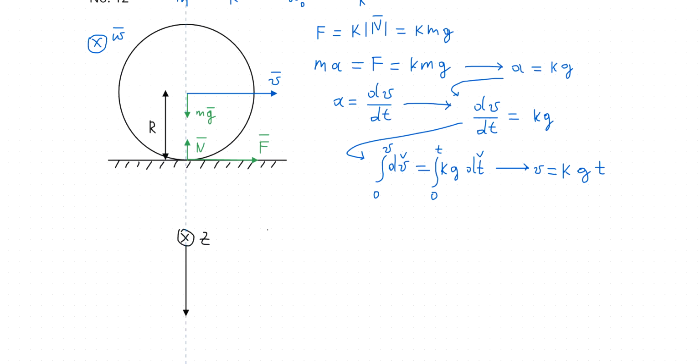Radius vector r is here, and the force of friction is here. According to this picture, what will be the direction of torque?